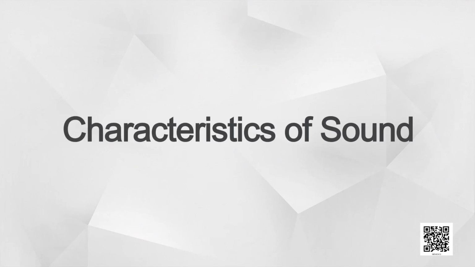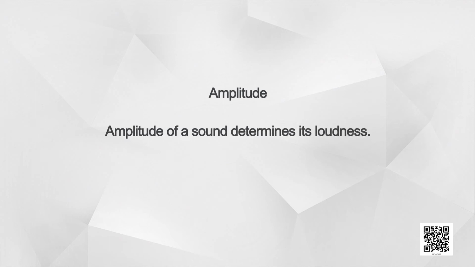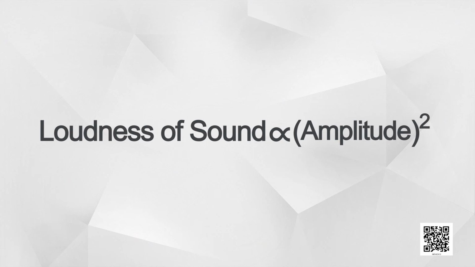Characteristics of sound. First characteristic is amplitude. Amplitude of a sound determines its loudness. Loudness of sound is proportional to the square of the amplitude of the vibrations producing the sound.